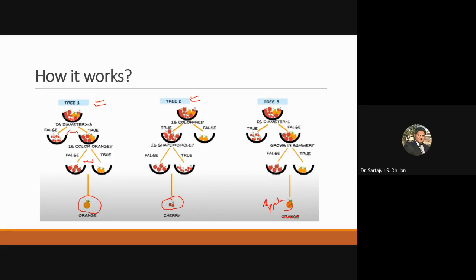You can design it for the apple. So your first tree must be designed for one fruit, your second tree can be designed for another fruit, and your third tree can be designed for another. Here we first select the orange, and here you can easily check that cherry is there.